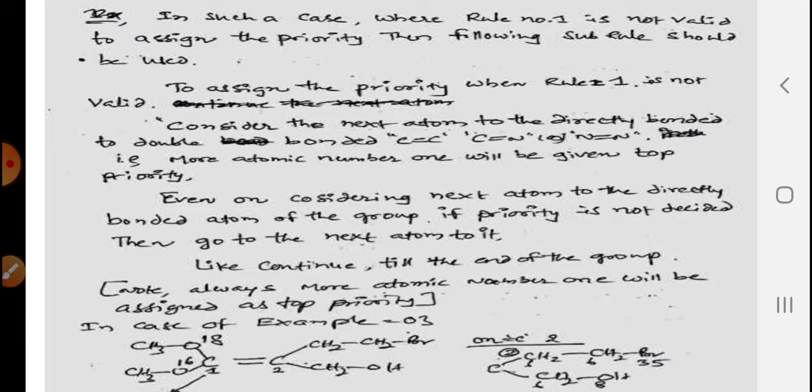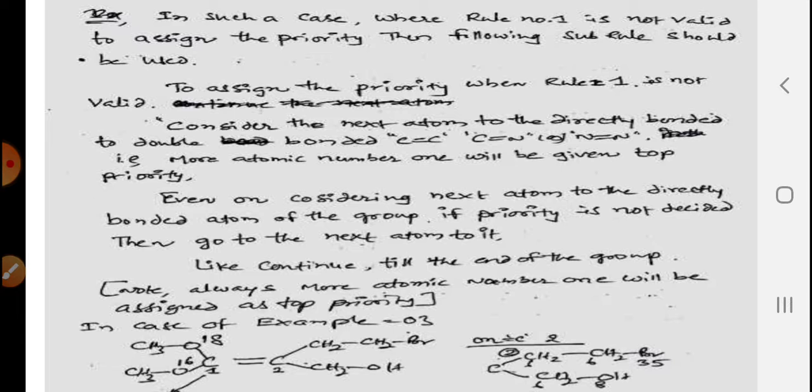Even if the second atom is also not useful because of the same atomic number, then go to the next atom and the next, till the end of the group.